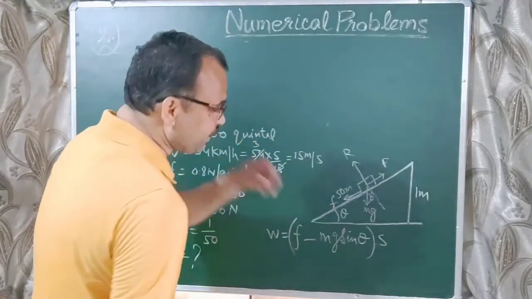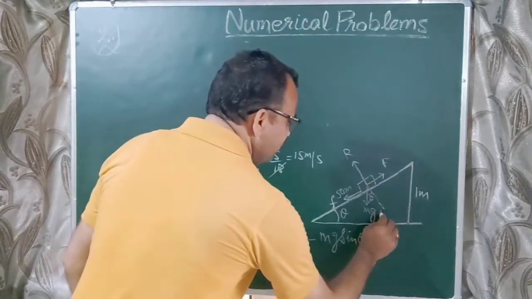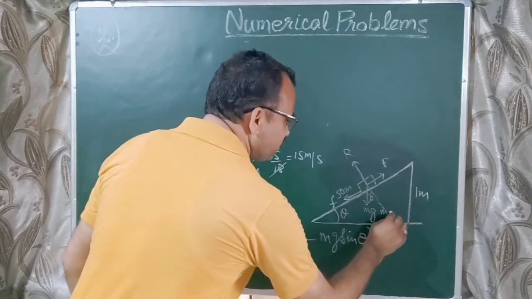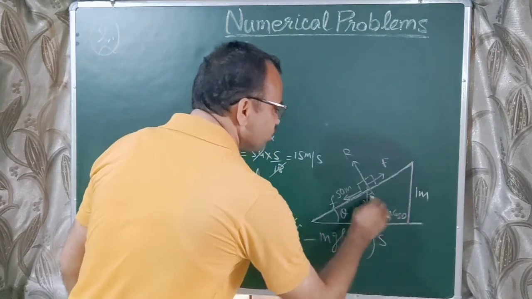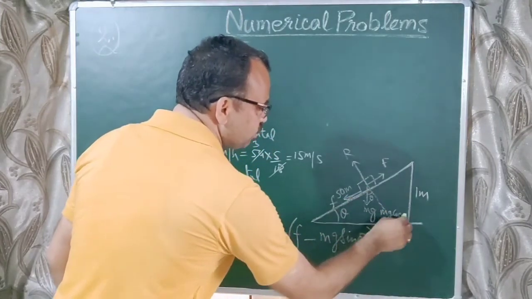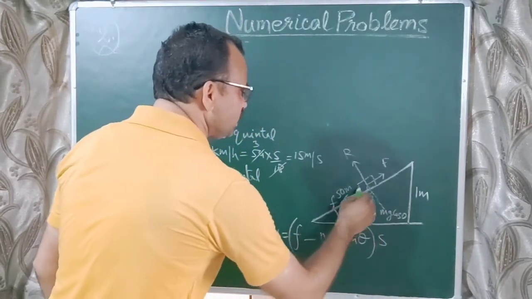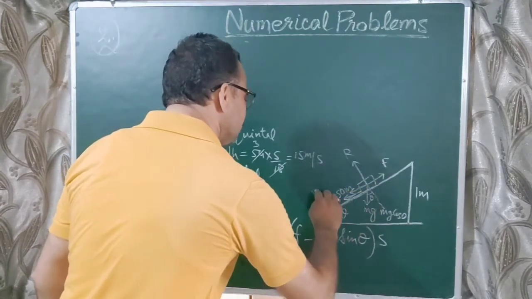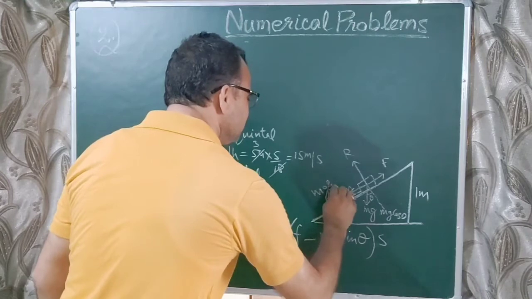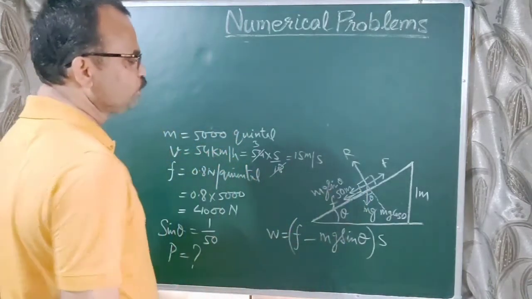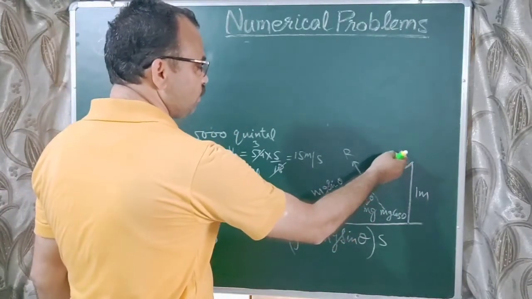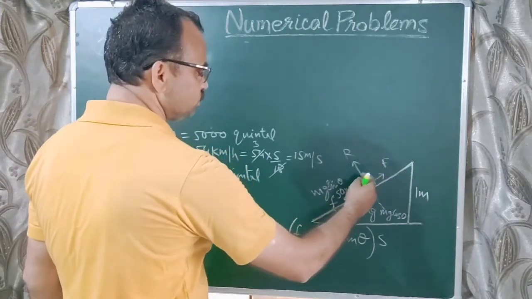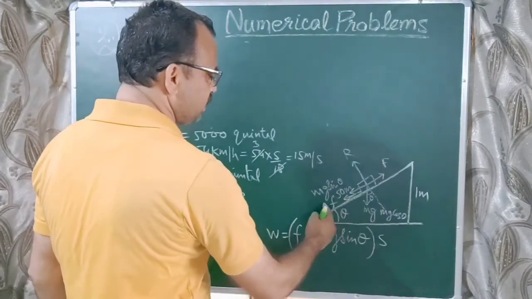So on resolving the weight, the horizontal component will always be in that direction from which it makes an angle theta. So along this line is the component mg cos theta, and the other component is along the surface in the downward direction, that is mg sin theta. So the train would apply the force mg sin theta plus f.